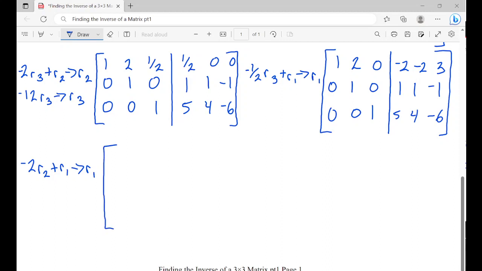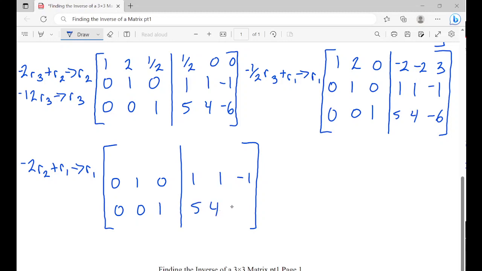That means rows 2 and 3 stay the same. So 0, 1, 0, 1, 1, negative 1, 0, 0, 1, 5, 4, negative 6.